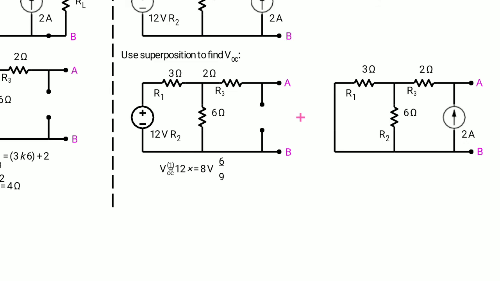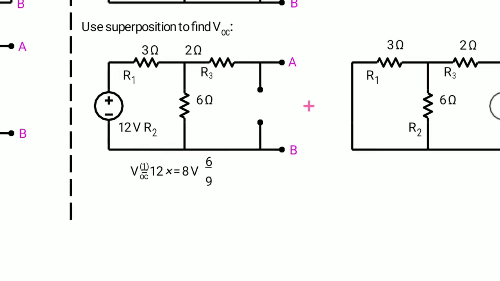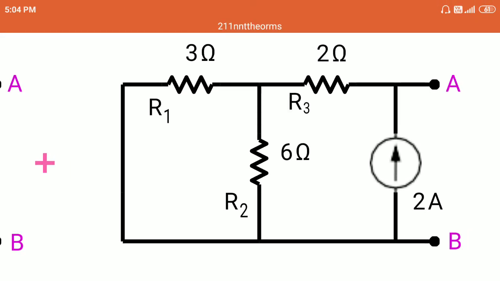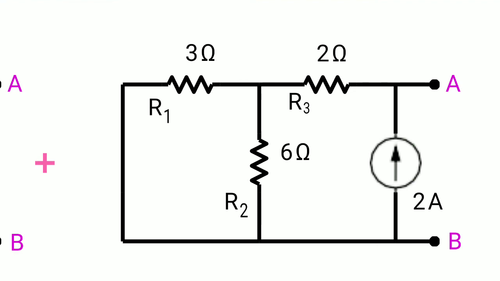Now from the current source, observe this. The 3 and 6 ohms are in parallel, so this resultant is 2 ohms. This resultant 2 ohms is in series with R3, which is 2 ohms. 2 plus 2 is nothing but 4 ohms.